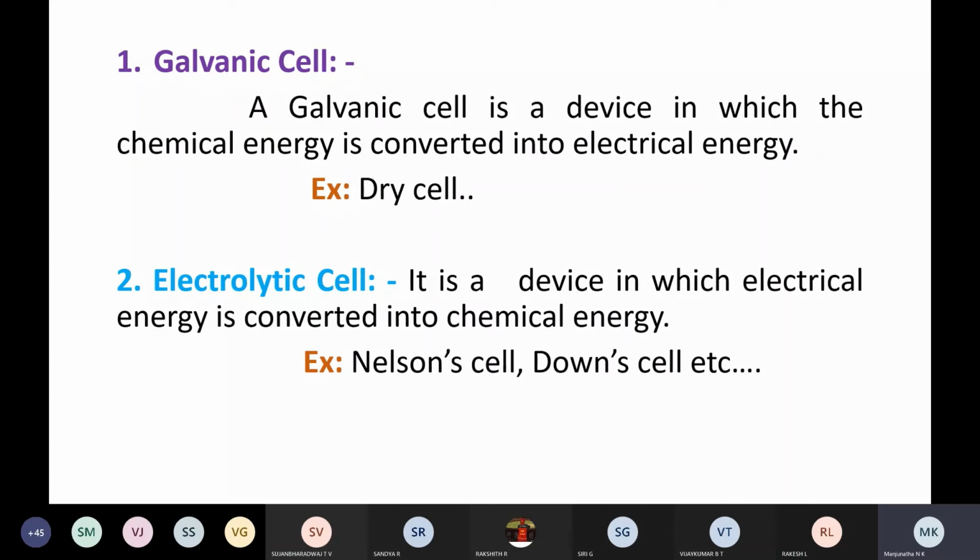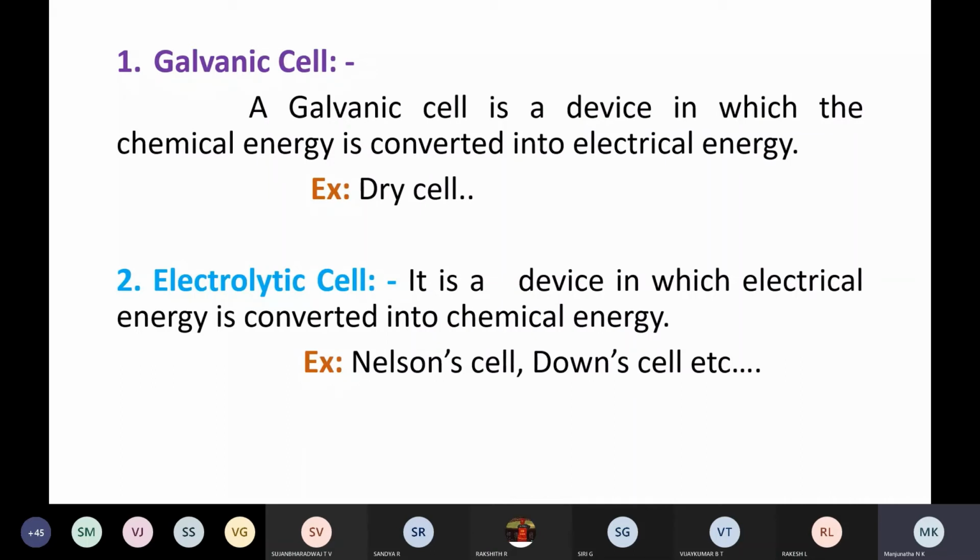Whatever electrochemical cells have the ability to convert chemical energy into electrical energy only are called galvanic cells.